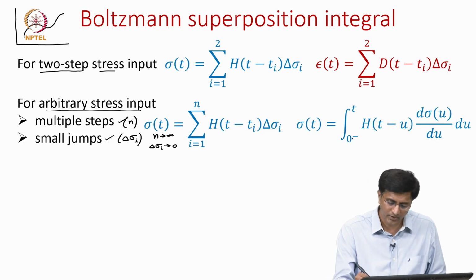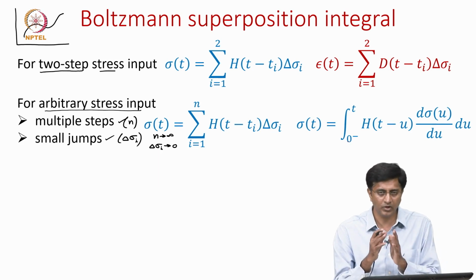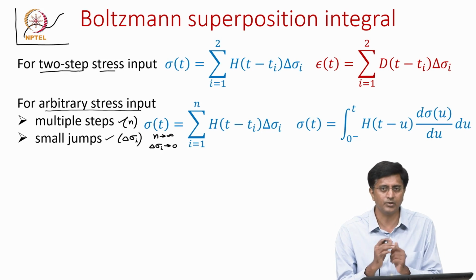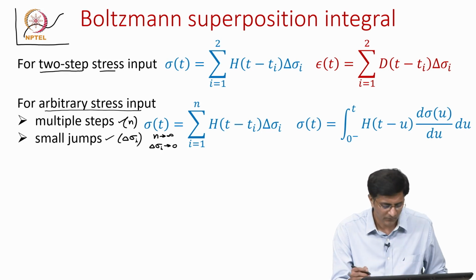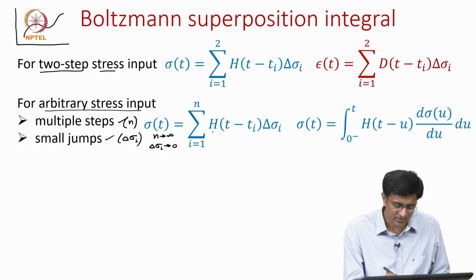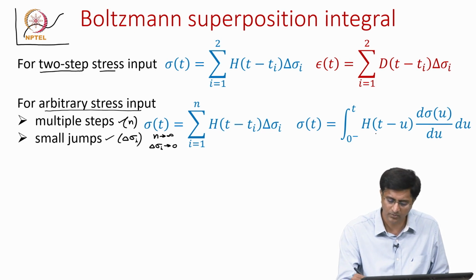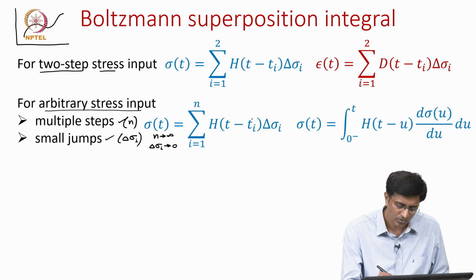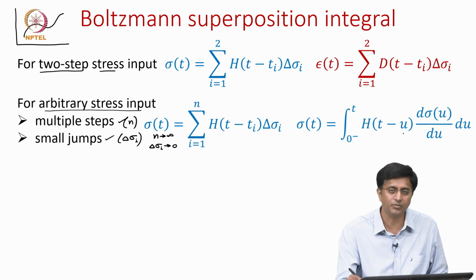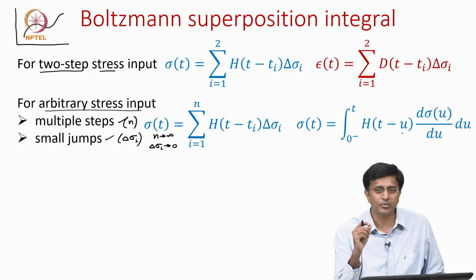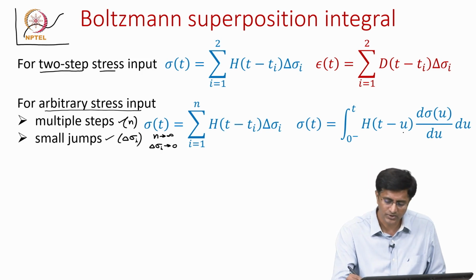We now write it in terms of an integral going from 0 to t. We write it as 0 minus, meaning we also include 0 in the input. This Heaviside function, or the step function, H of t minus t_i, remains the same. The only difference is that we replace t_i with a temporary variable for time, which is u.